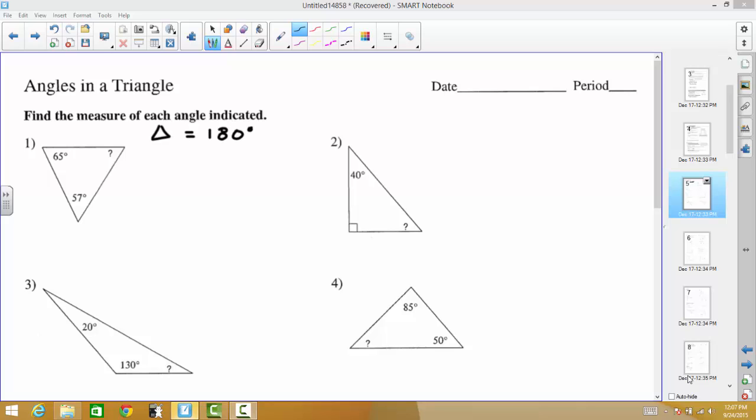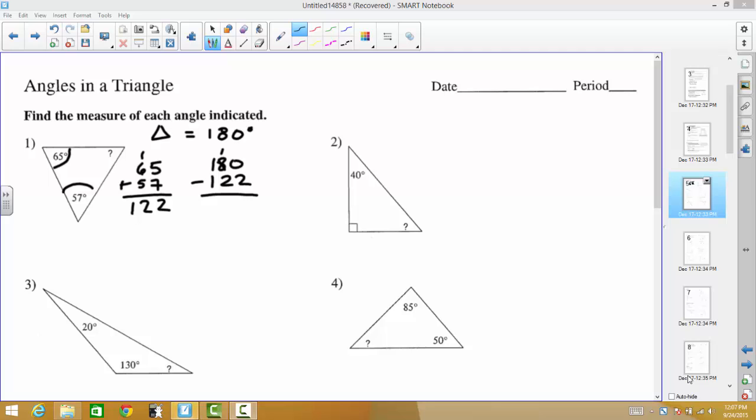So, if one of your angles is 65 and one is 57, you could add those up. So 65 plus 57 is 122. And then if you do 180 minus 122, you will have what's left over to give you the remainder.